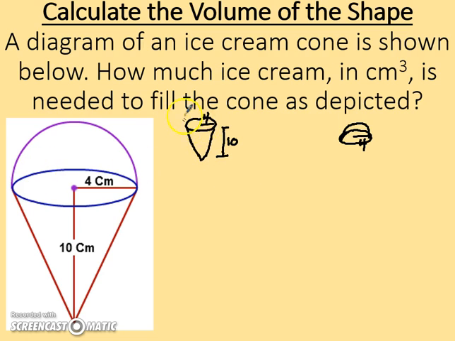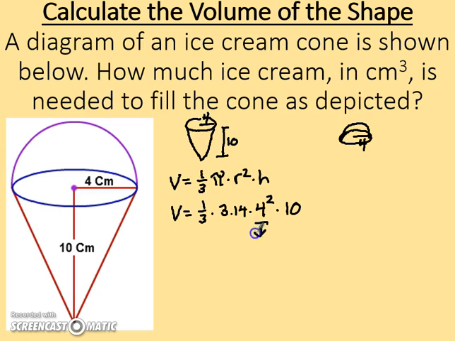So to calculate the volume of the cone, I'm going to do 1/3 pi times the radius squared times the height. For the cone, the radius is 4, so I have volume equals 1/3 times pi, which is 3.14, times the radius, which is 4, but we'll have to square that, times the height, which is 10.